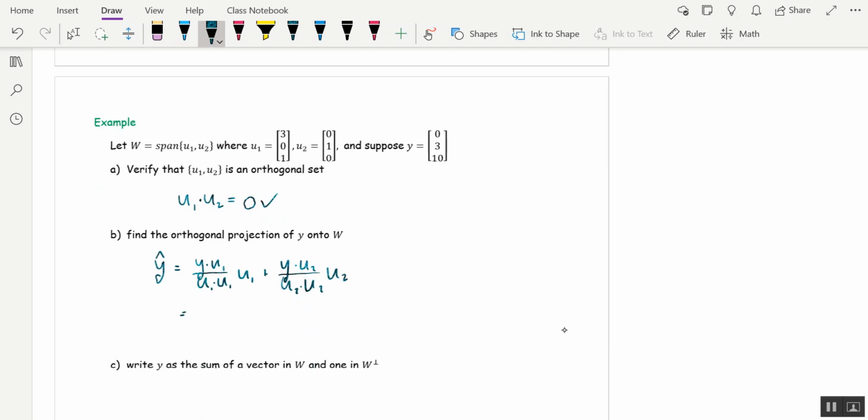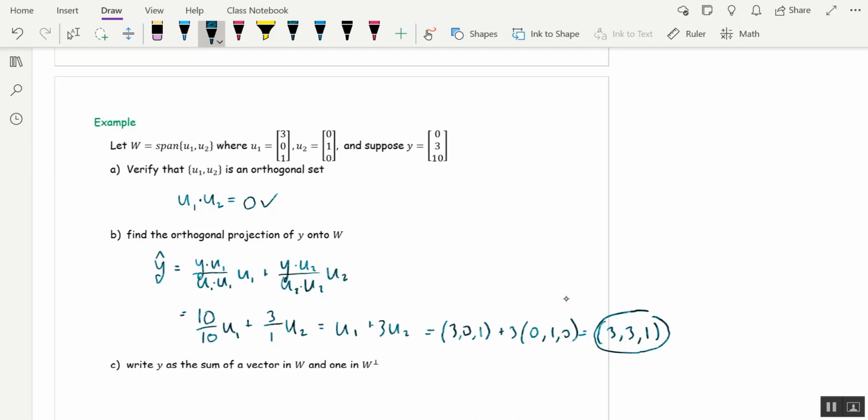Y dot u1 is 10, and then u1 dot u1 is 10, so 10 over 10 u1, and then y dot u2 is 3, u2 dot u2 is 1, so I want u1 plus 3 u2. So u1 is 3, 0, 1, and then I want 3 times u2, which is 0, 1, 0, and so that gives me 3, 3, 1.